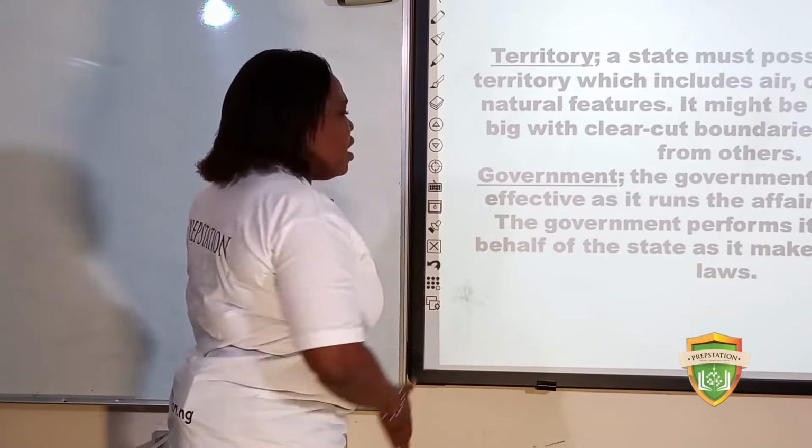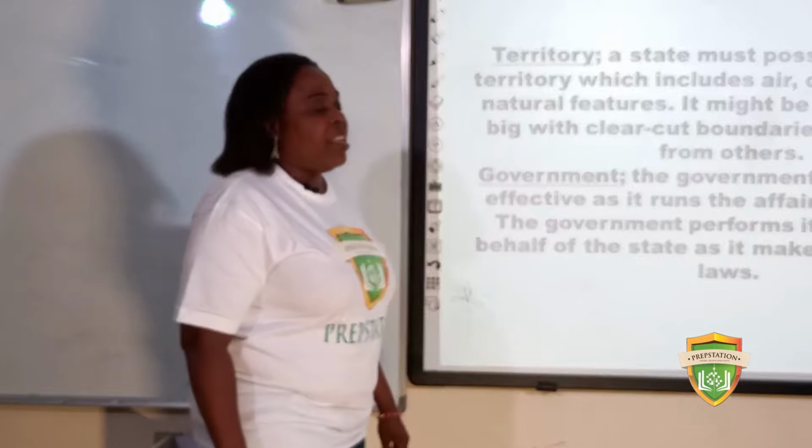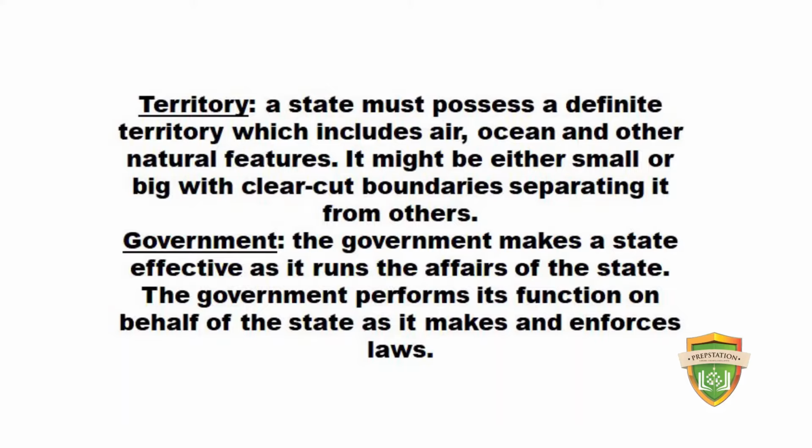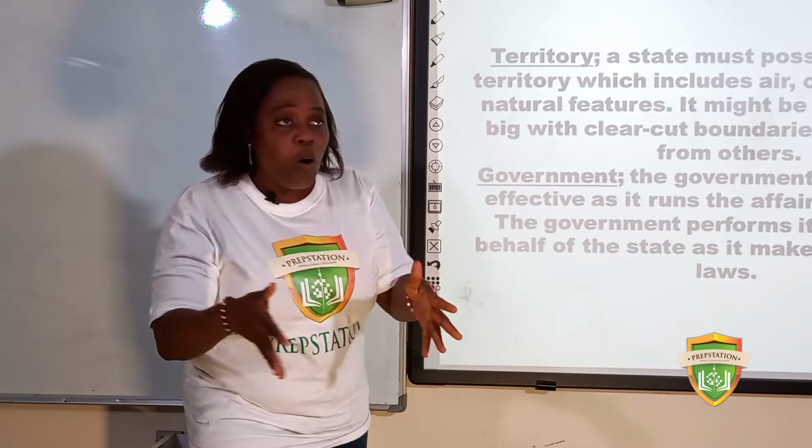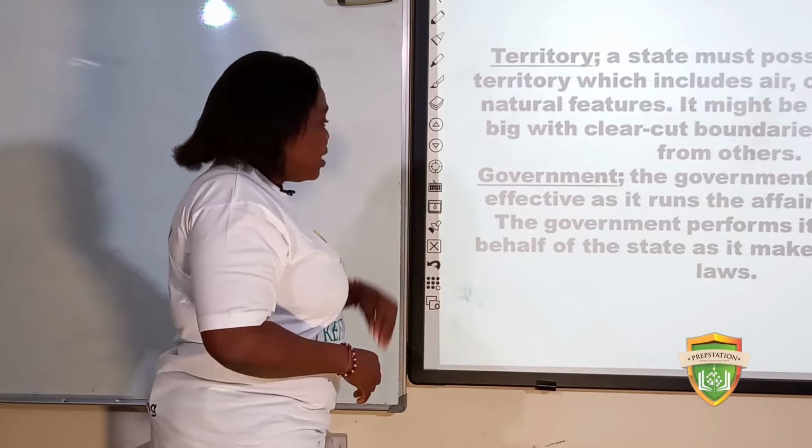Then thirdly, it must have a government. A state must have a functional and effective government. Let's go back to the definition of government. Government is a body of persons that make and enforce law for the society or state.